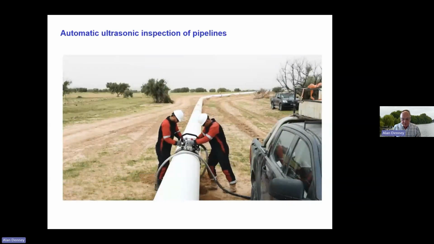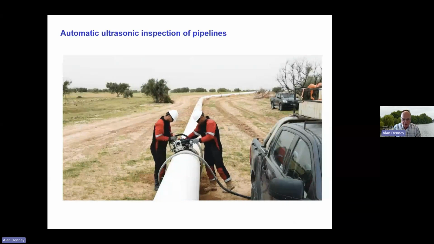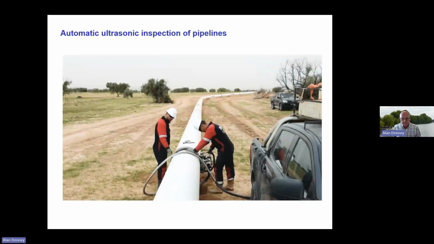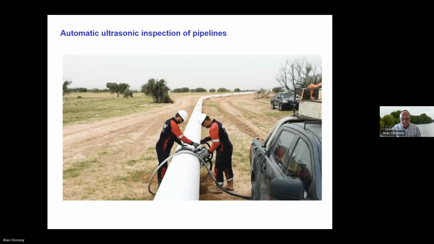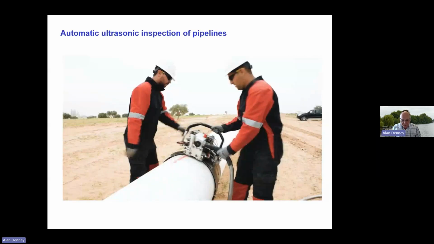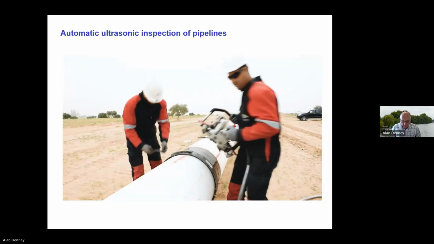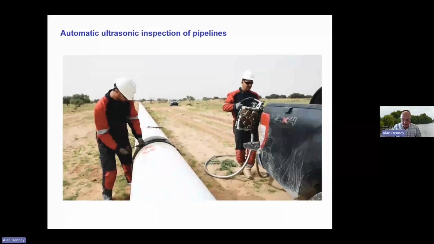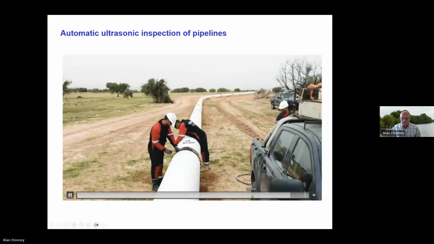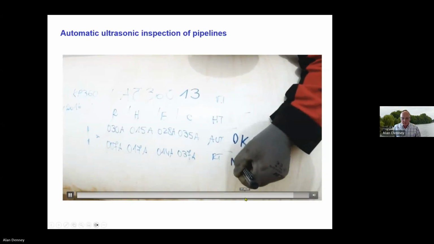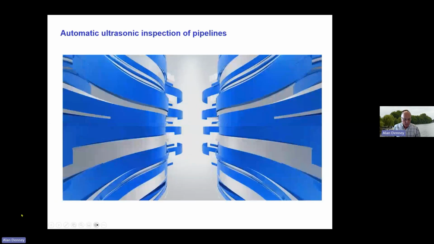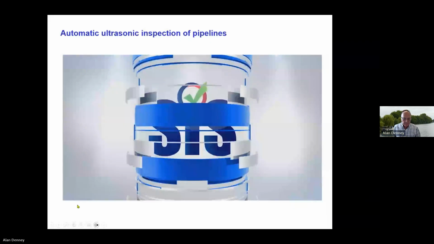And there you can see lots of channels on the trace, which is called a strip chart. And some things came up in red and green there, which are indications. So that's it. That weld is finished. Then they're marking what they've done and what the findings were.